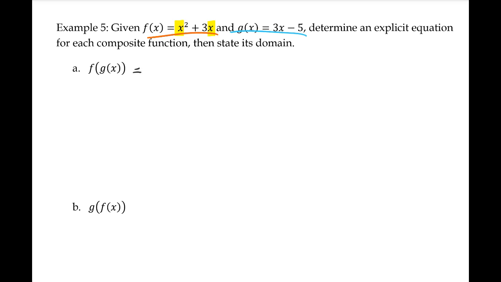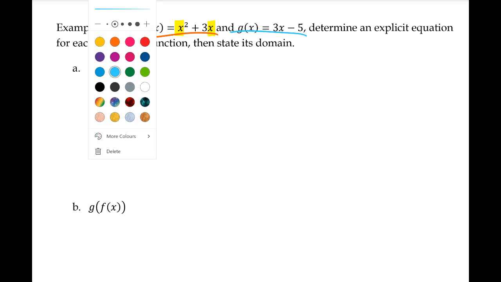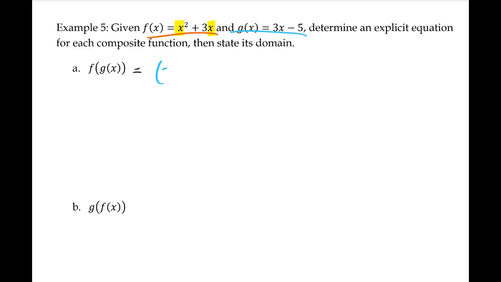So instead of x squared, I am going to write 3x minus 5 squared plus 3 times 3x minus 5. So again, you're seeing that blue in lieu of where the x's were. Okay, we can then simplify the function because right now this looks pretty complicated.